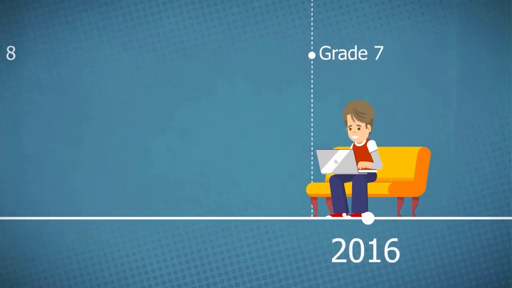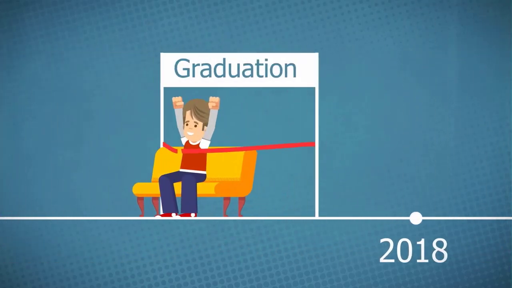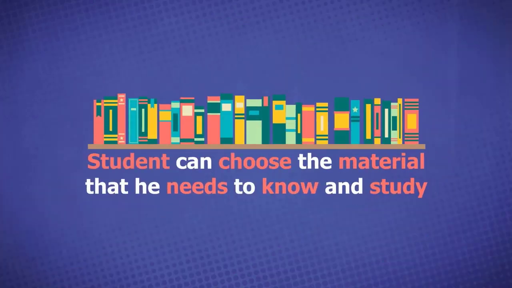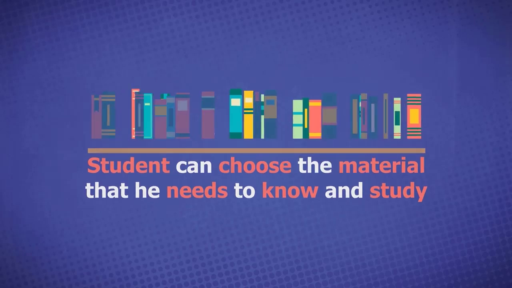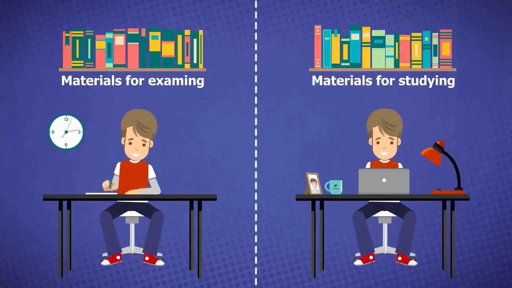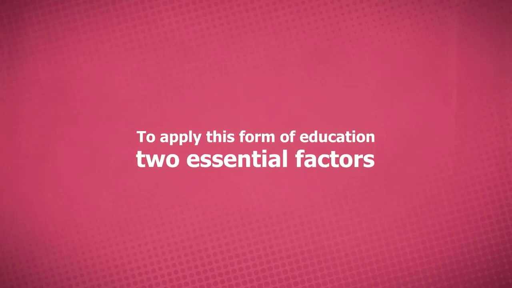Therefore, the student can pass his academic years faster in shorter period, as long as he is fully prepared and efficient to have his educational attainment. In addition, this form of learning helps to choose the material that the student needs to know and study. For students who have full knowledge about certain materials, as a result of their experience and previous readings, students can enter exams, tests directly. To apply this form of education, two essential factors is must.